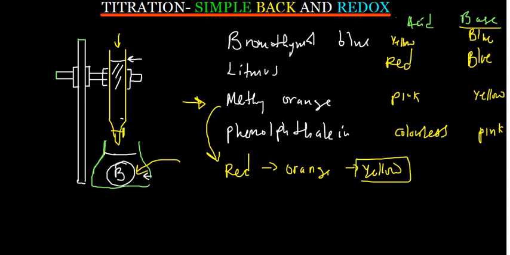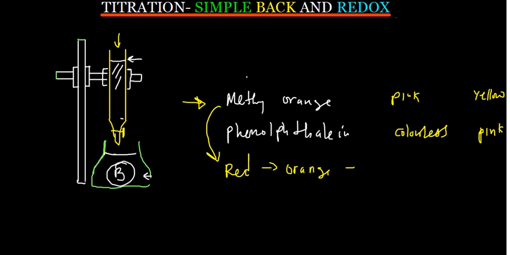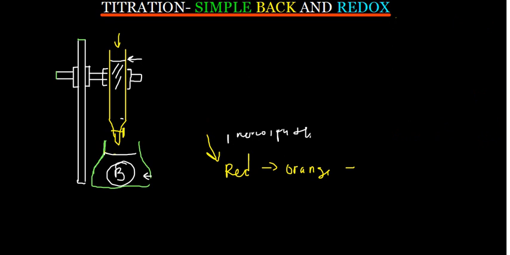So as you start adding the acid, it will change from yellow to orange, and then from orange to red when you have exceeded, like you have added too much acid. So that is the process that is going to happen on this one. So basically that is it. That is a simple titration. So we also need to take note of those color changes.